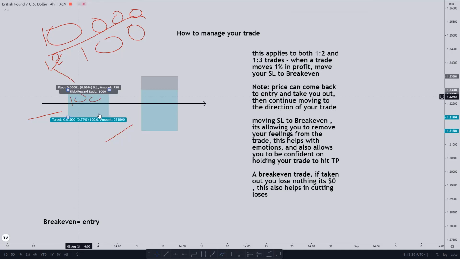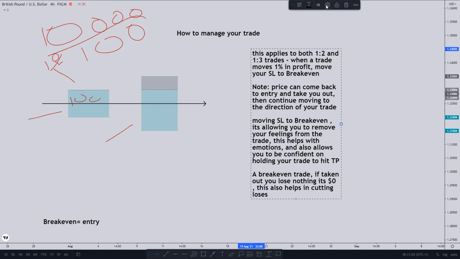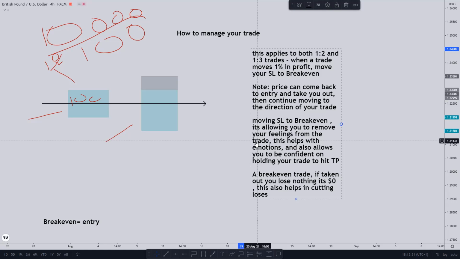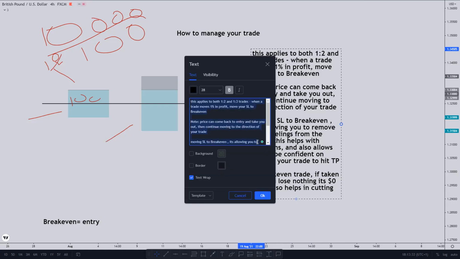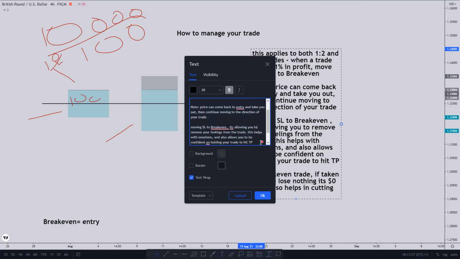Meaning that our trade now is something that I didn't add. Let me just edit on this one. So this means that our trade now becomes risk-free. Oops, I did something wrong there. Oh yeah, there.